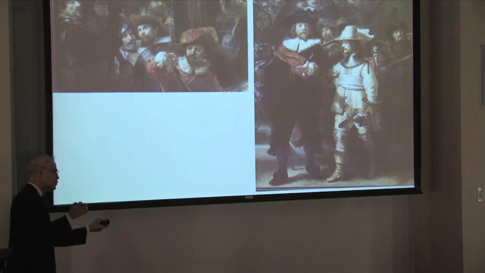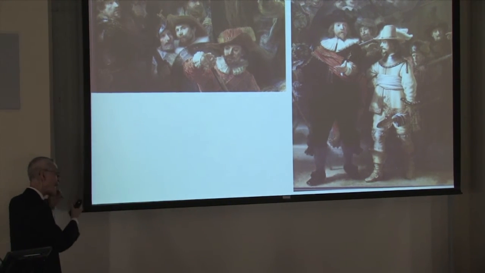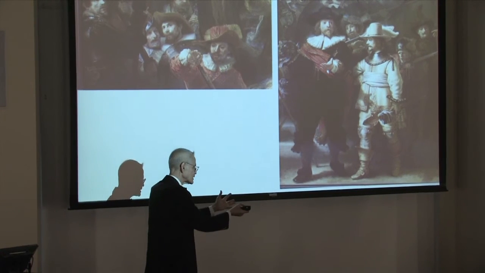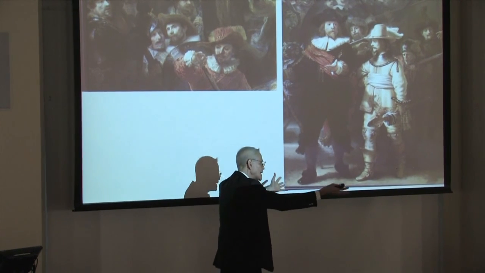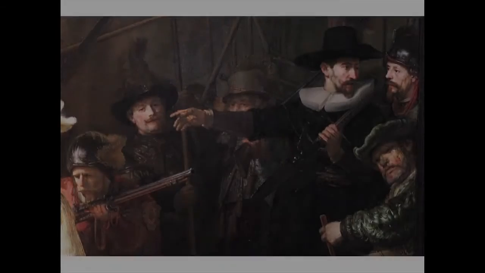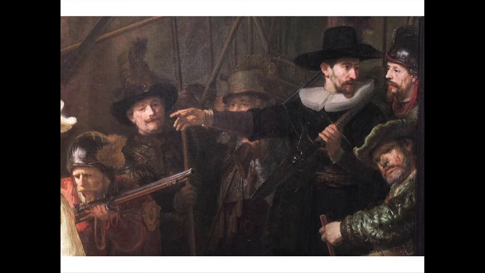He's keen to show us archaic elements that refer to the past of the company, and he's keen to gather this company into a single action of falling into marching order in obedience to the command of their leader. What is this all about? And here you see the drummer.